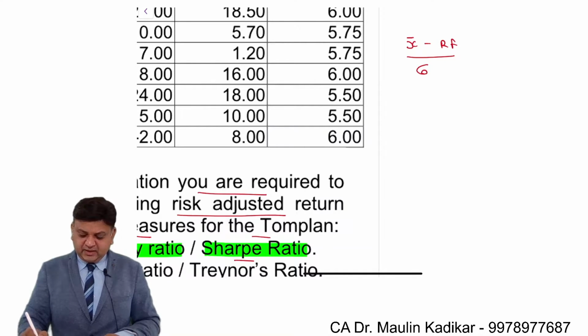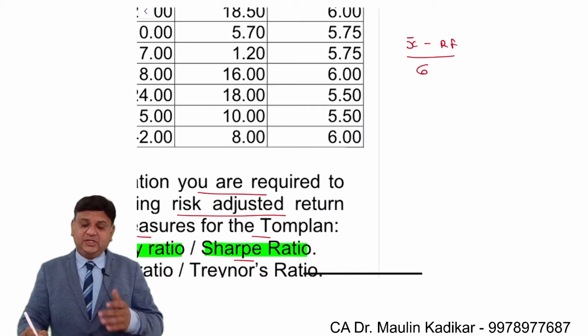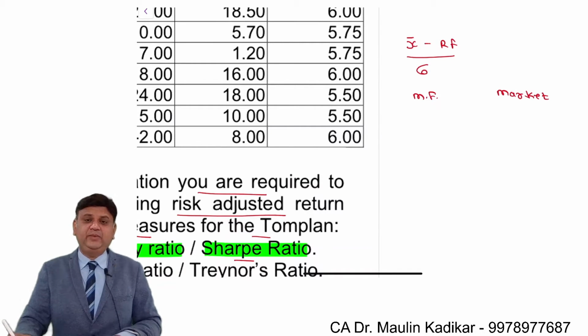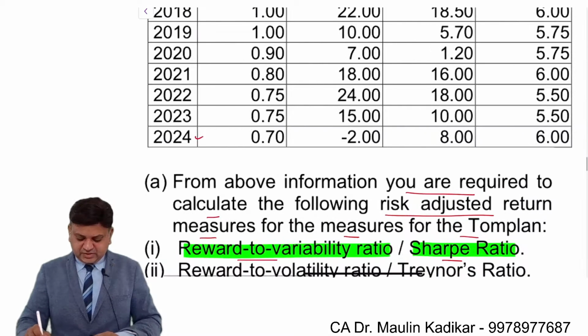We are required to calculate this ratio for Tomplan Mutual Fund and at the same time for the market portfolio. Only in that case will we be able to make a comparison, and based on that we will be able to comment whether the mutual fund is beating the market performance or not. That is what we understand.